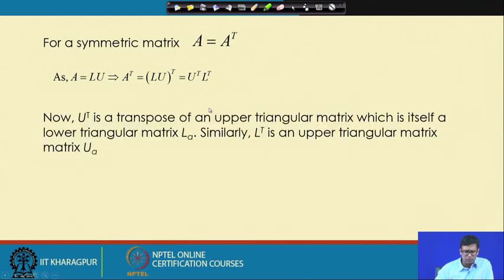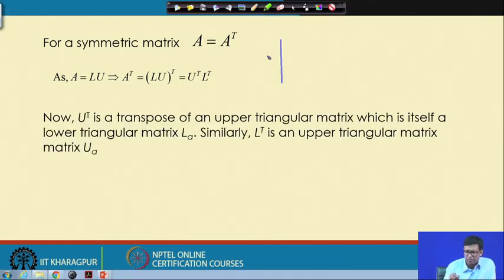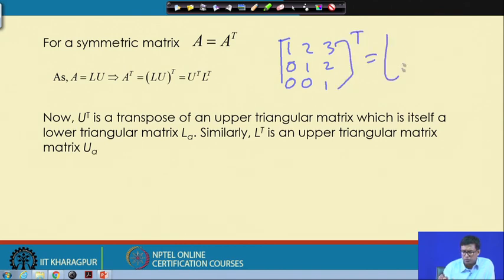Now, U transpose is the transpose of an upper triangular matrix. For example, if I have the upper triangular matrix 1 2 3, 0 1 2, 0 0 1, its transpose will be a lower triangular matrix.